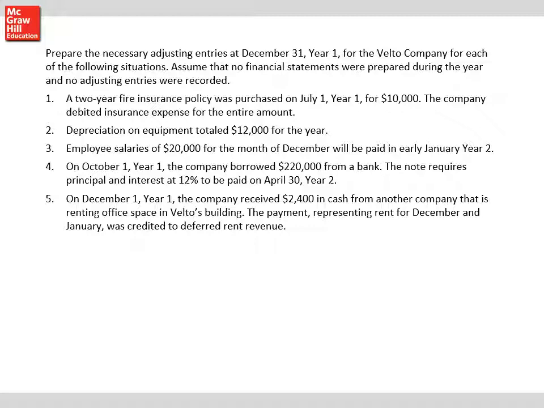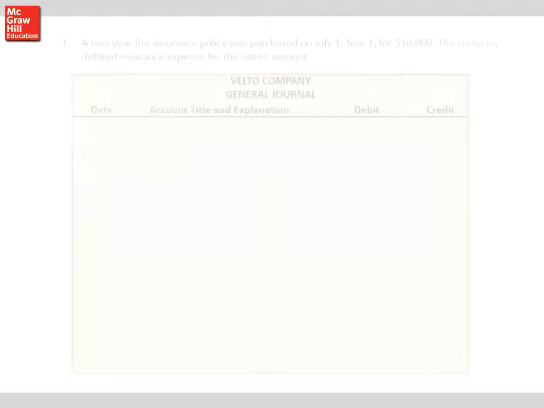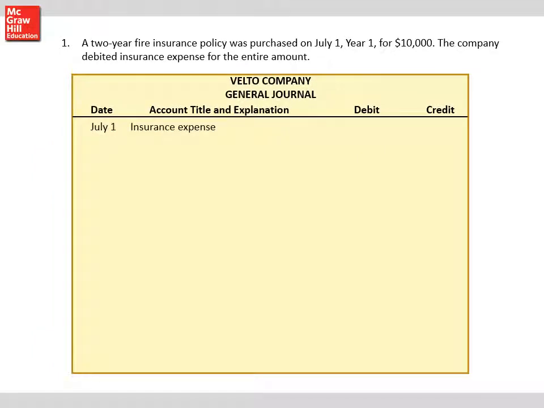So we have to make a journal entry to correct that. Watch what happens. On July 1, the company debited insurance expense and credited cash. On December 31st, they've got to pull some of the money out of insurance expense and debit it to prepaid insurance.